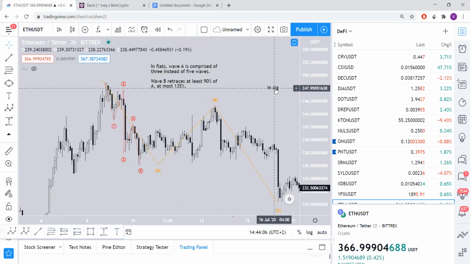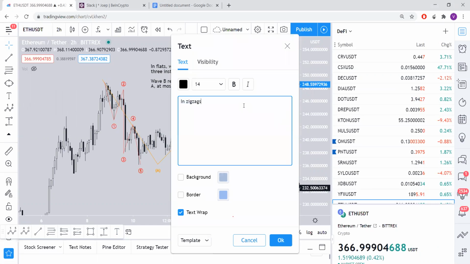In zigzags, wave A is comprised of a set of 3. Wave B retraces 0.618. Let me do this 0.5.